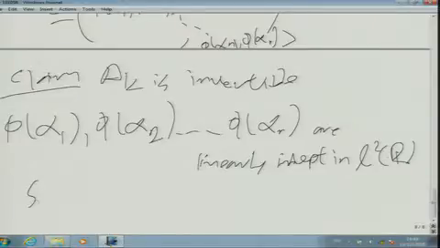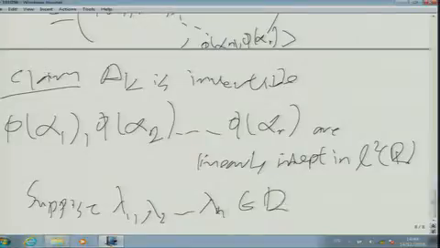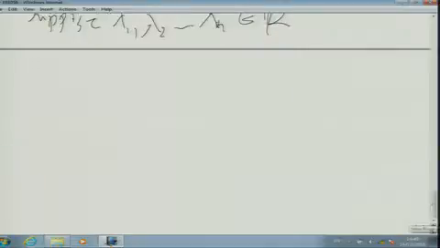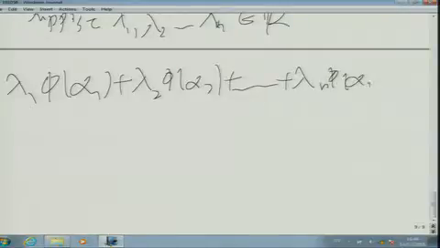And now we suppose some real numbers lambda_1, lambda_2 to lambda_n such that lambda_1 phi(alpha_1) plus lambda_2 phi(alpha_2) plus to lambda_n phi(alpha_n) are all equal to 0.